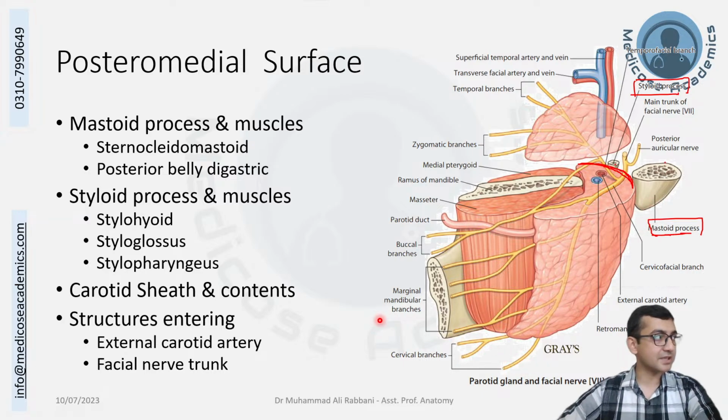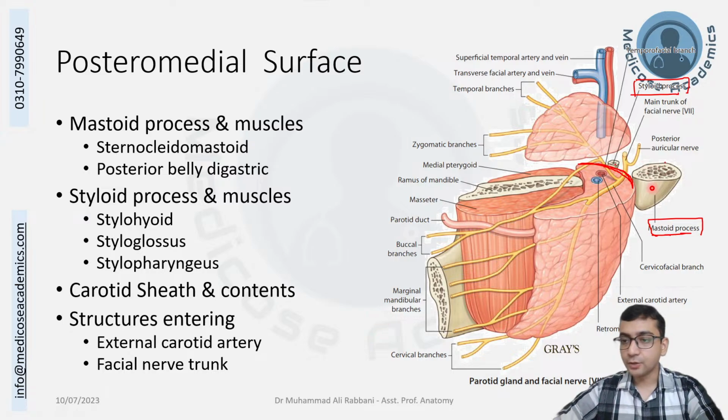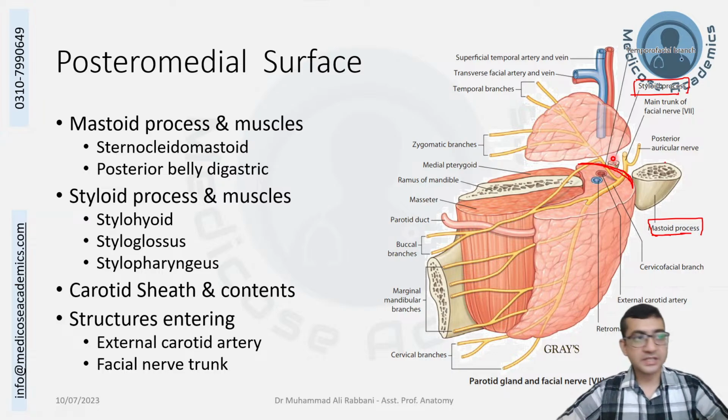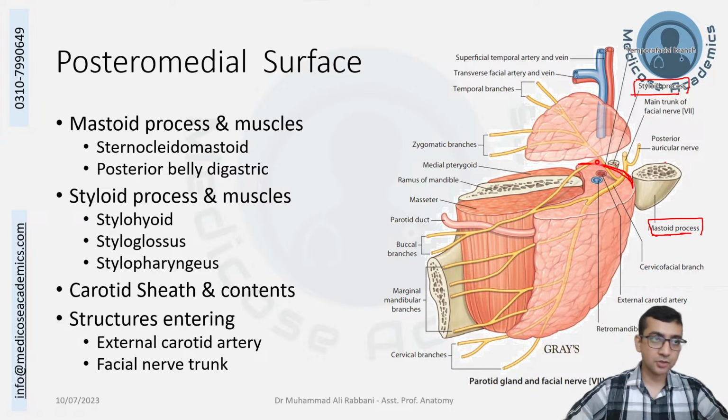The posterior belly of digastric and sternocleidomastoid will be related to it. Then there is the styloid process and the three muscles attached to it, along with the styloid ligament, which is called the styloid apparatus.